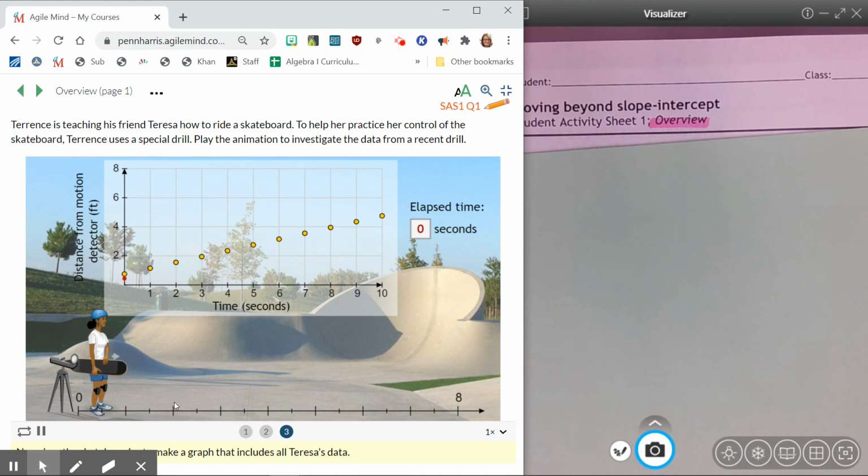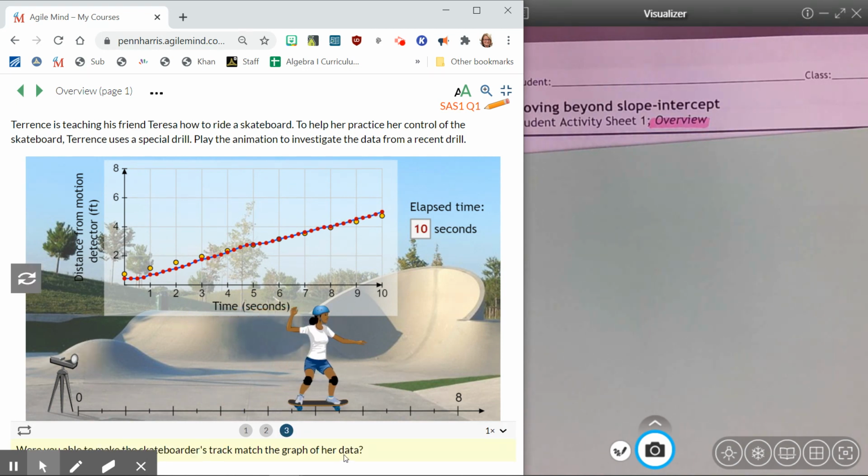So 3 seconds is going to get her to this mark. So let's go ahead and do that. I think I did a pretty good job this time around. I'm a little bit off, but then I get on.